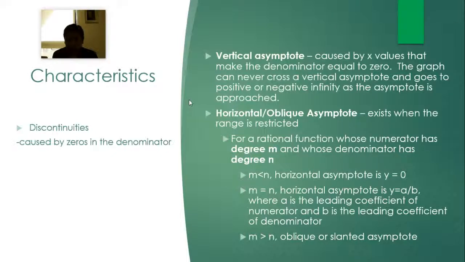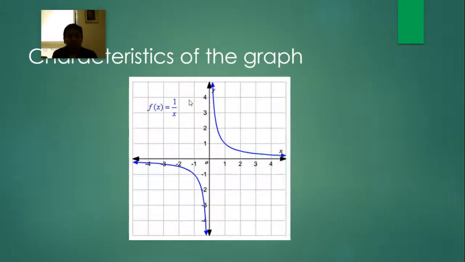I won't dive into the details as to why. So we consider the degrees of both numerator and denominator for us to find out the horizontal or oblique asymptotes. Here are some examples.